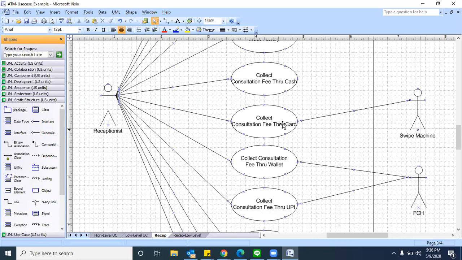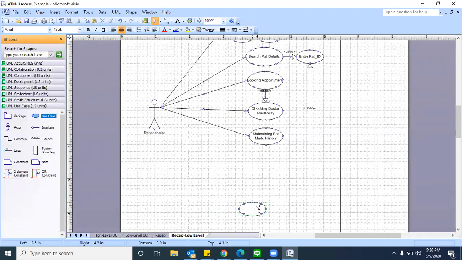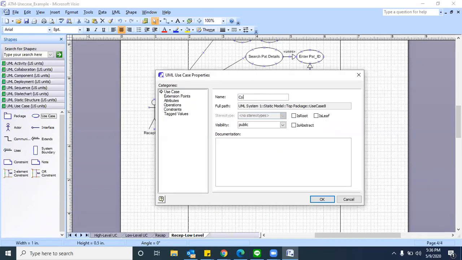See this, collecting fee payments. For collecting fee payments, we have cash, card, wallet, and UPI, right or wrong? Now we can merge all these four into one, right or wrong? And we can apply generalization here, right? Yes. So simply we can keep one single use case here stating collect consultation fees.